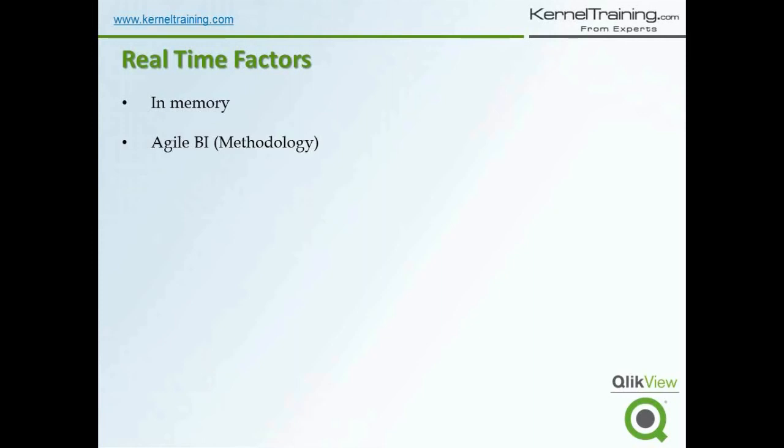If you use QlikView, which is built on in-memory, you can retrieve the data in 10 seconds. We'll see in future classes how that can be achieved practically, but that is how it is happening in the current world. So the purpose of using in-memory is to make sure that the data retrieval rate is much higher.